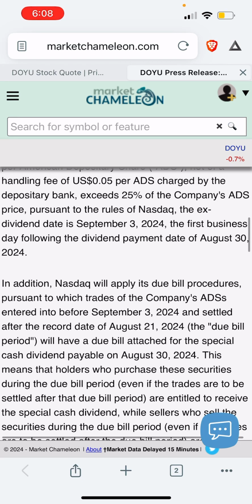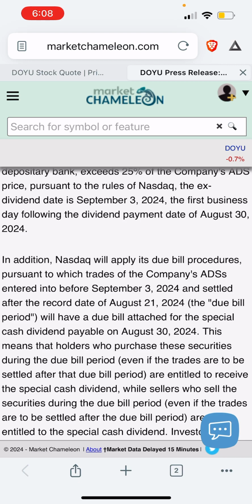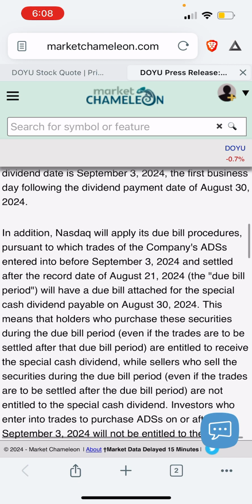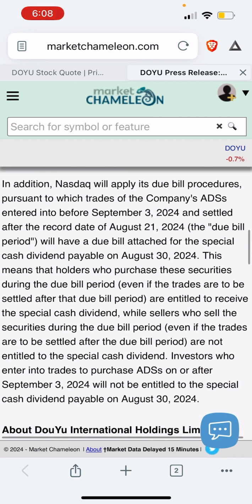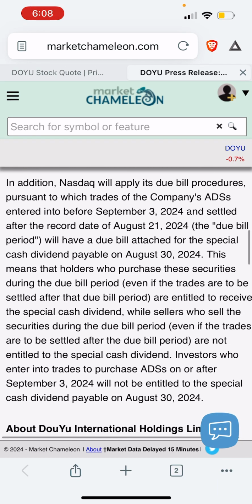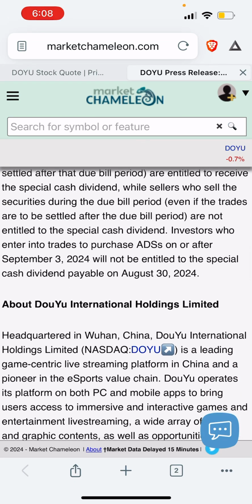Pursuant to the rule of Nasdaq, the ex-dividend date is set to September 3rd. The dividend payment date is August 30. So you need to be in those dates in order to get the special dividend.